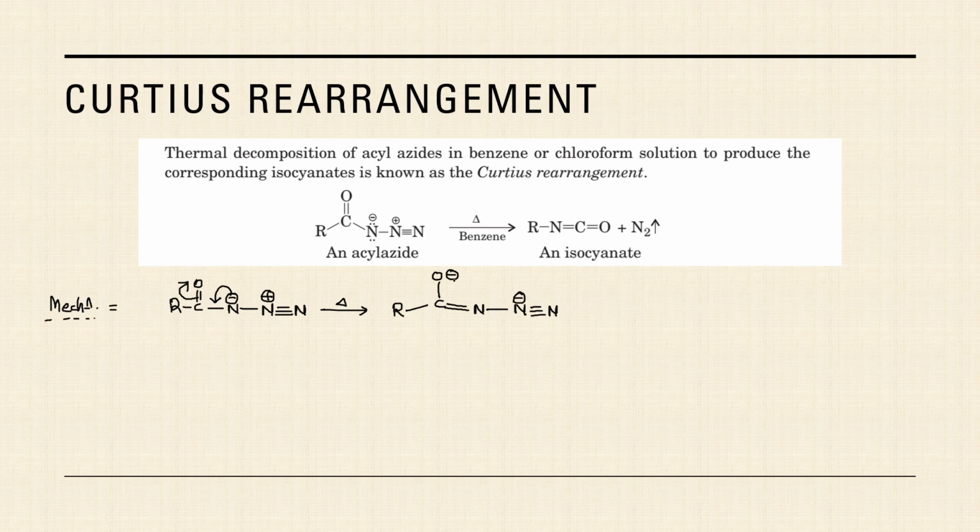Okay, and then this comes over here, this goes over here, and this goes out. So 1, 2, and 3, which results in the formation of R, N, double bond C, double bond O.